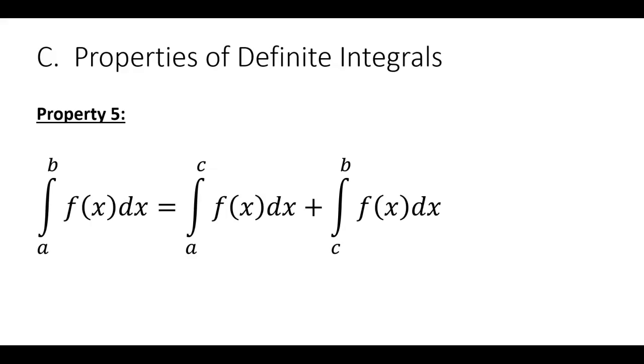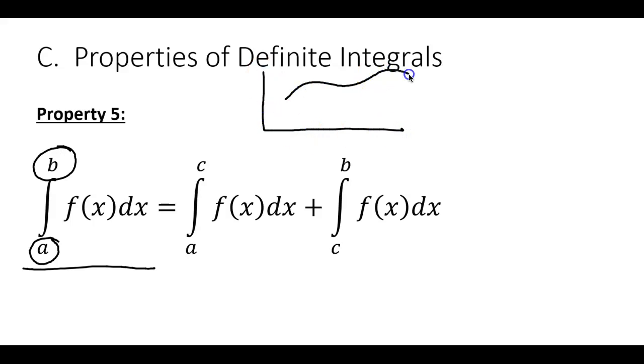This one is new. This one's kind of hard to see. So consider this integral here. It starts at a and it ends at b, right? So I've got a function and I'm integrating from a to b, and that represents the area under the curve, right?